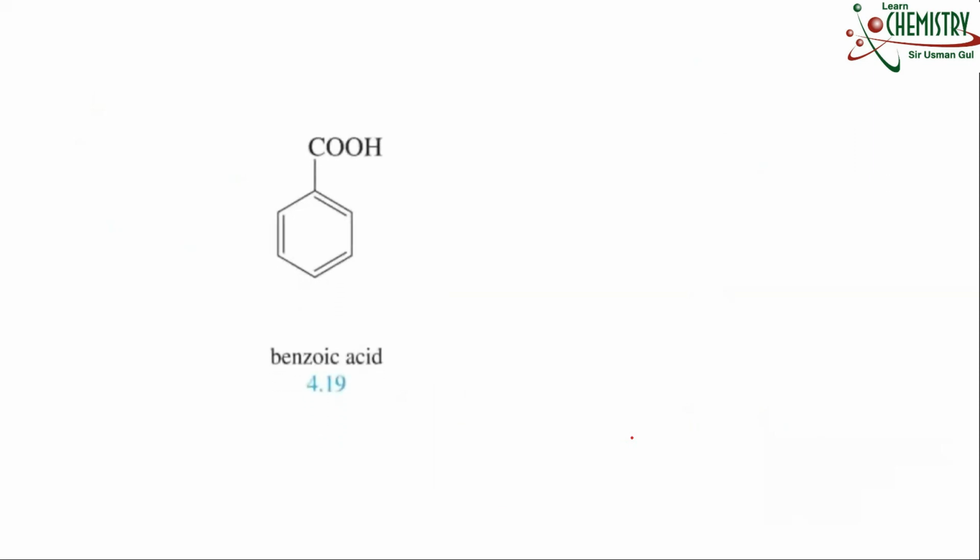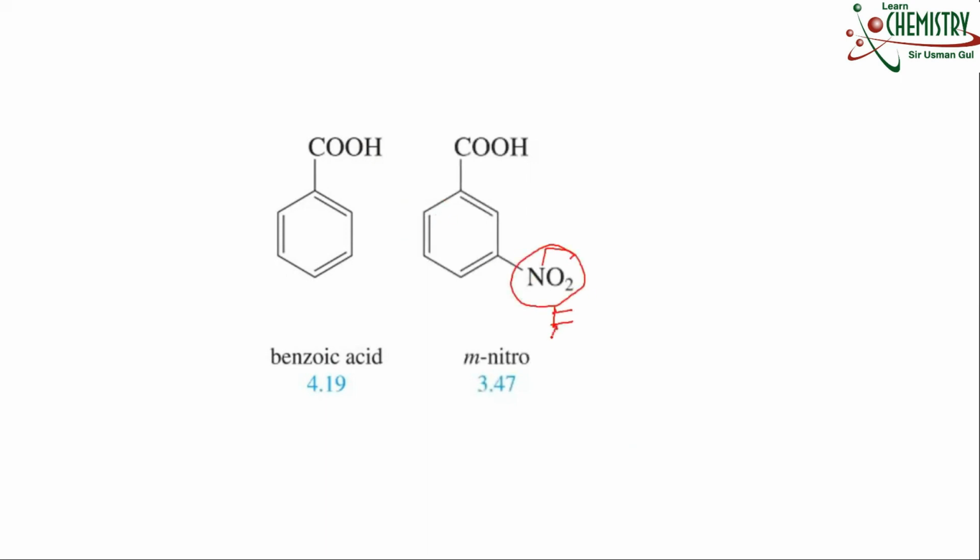Now let me give you an example for aromatic acids. This one is benzoic acid, and benzoic acid has a pKa value of 4.19. Now I ask you, what will happen if I put an electron withdrawing group on the ring? The answer is correct: the value will decrease. Now you can see the nitro group is an electron withdrawing group, so the value decreases. Now we have another thing here.